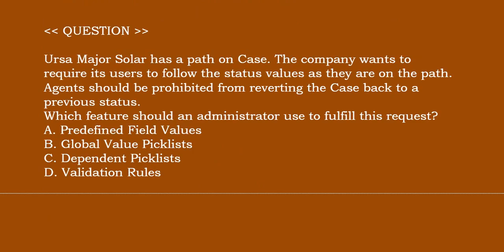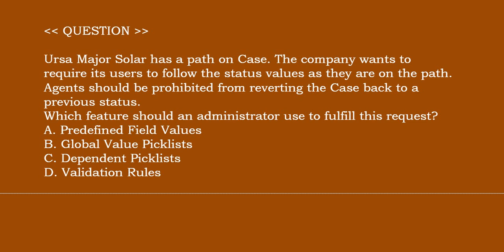Next one. Ursa Major Solar has path on case. The company wants to require its users to follow the status values as they are on the path. Agents should be prohibited from reverting the case back to a previous status. Which feature should an administrator use to fulfill this request?